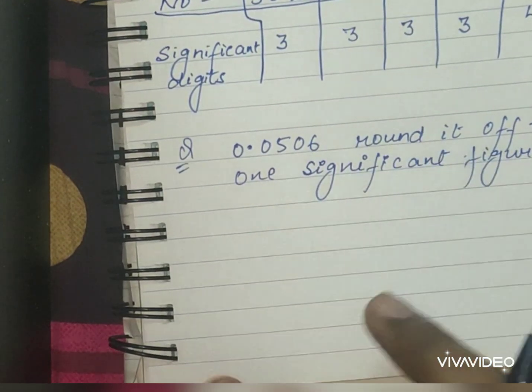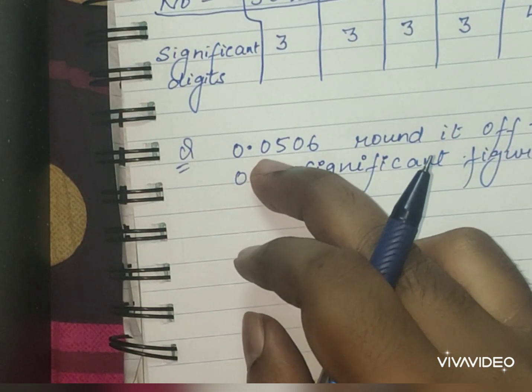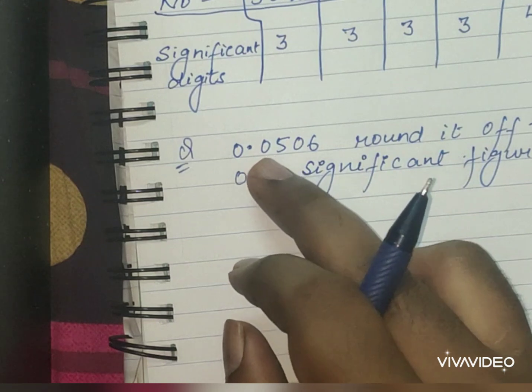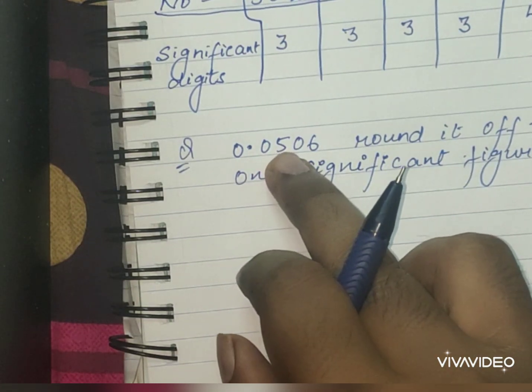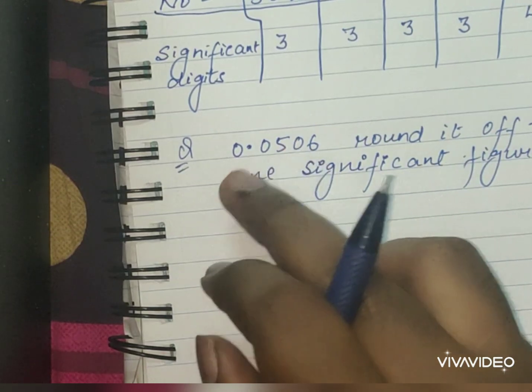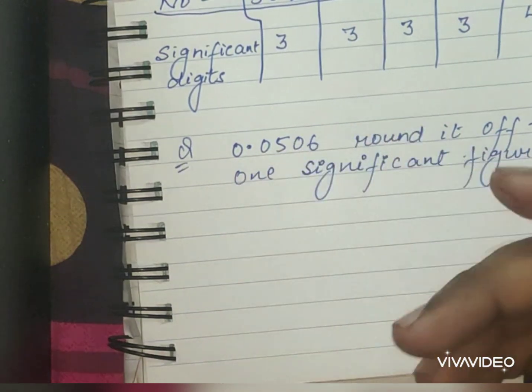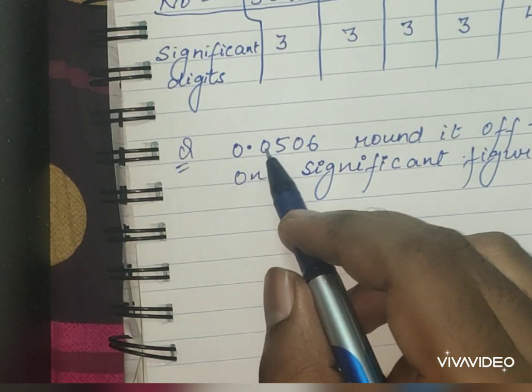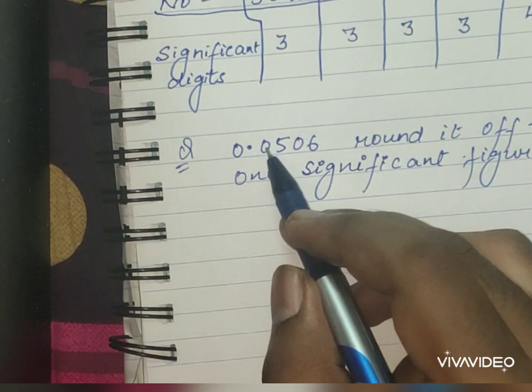Rounded off to one significant figure means here you have to round it off till 1 digit. As you can see, 0 is coming here, so this will not be considered.